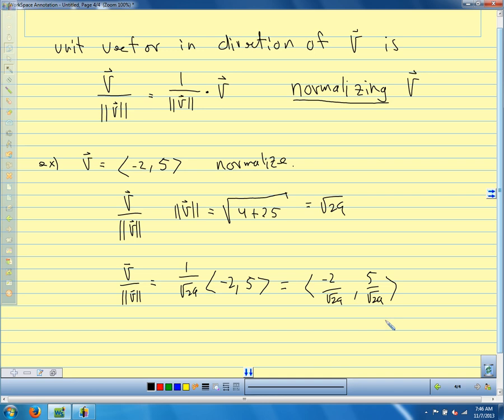And then if we found the length of this, if we took this squared plus this squared, our length would be 1. So this would be a unit vector in the direction of v. Or this would be v normalized. And often, it's very common that we will need a unit vector in the direction of some other vector because we don't want the magnitude of the vector getting mixed up in what we're doing. All we're interested in is that direction.